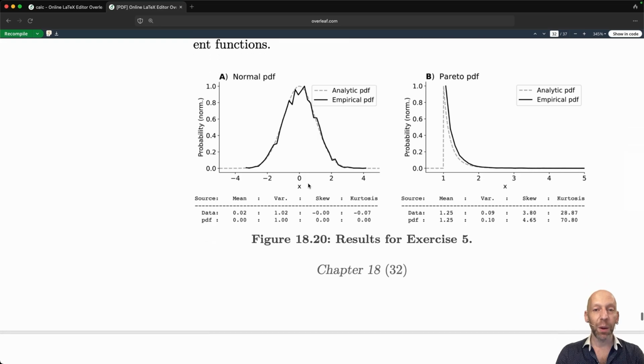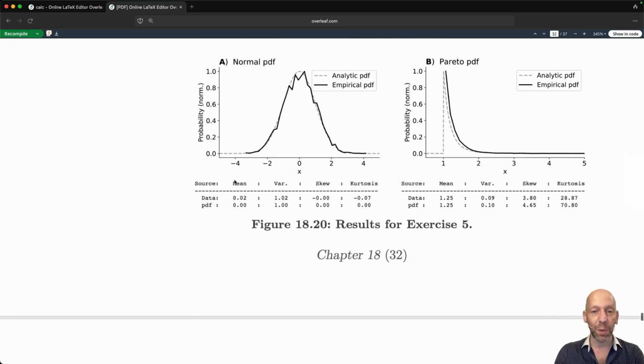And then you can see below, I have this table printed out with the mean, the variance, the skew, and the kurtosis. The top row shows the empirical calculation from the data, and the bottom row shows the analytic calculation from formulas; I got these numbers from the SciPy.stats library.